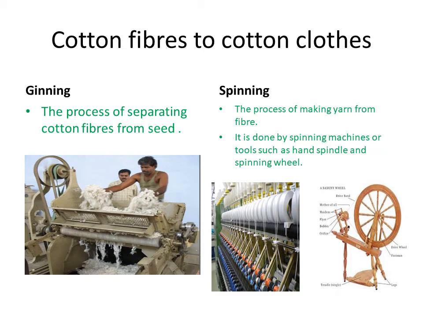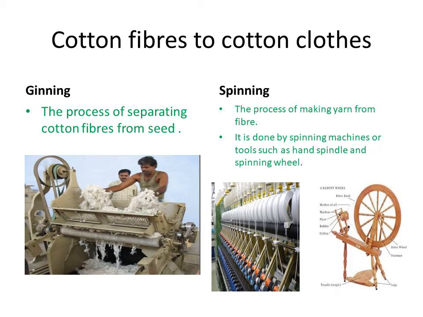The process of making yarn from fibers is called spinning. It is done using spinning machines or tools such as hand spindle and spinning wheel. Spinning wheel we call charka, and hand spindle we call takli.